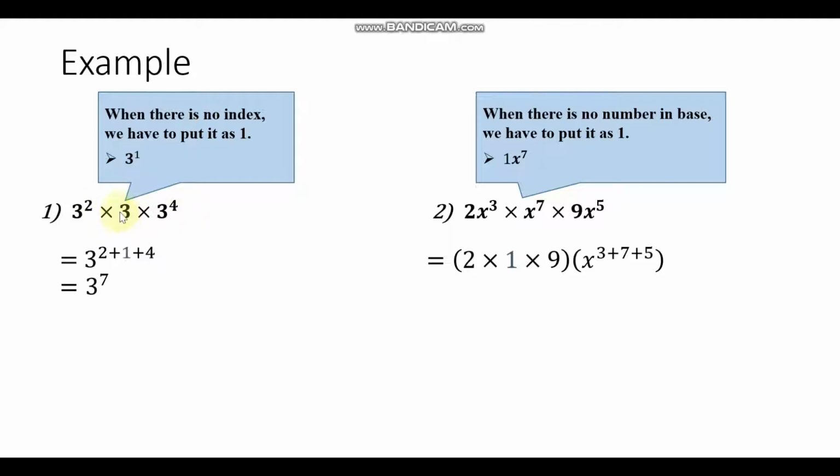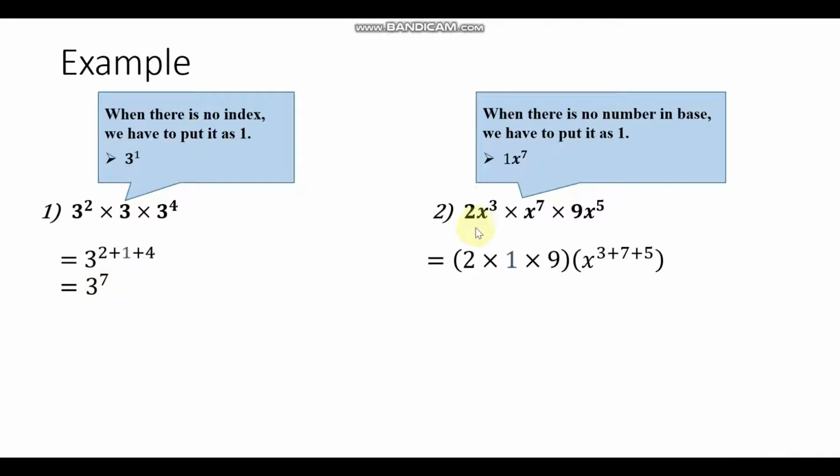The second number here doesn't have a value of index, so we have to put it as 1. After this we can add all the values of index together: 3 to the power of 2 plus 1 plus 4, and 2 plus 1 plus 4 gives 7. So the final answer is 3 to the power of 7.